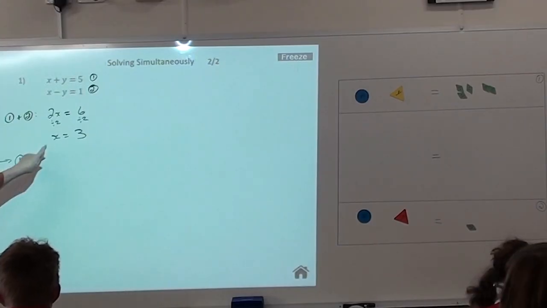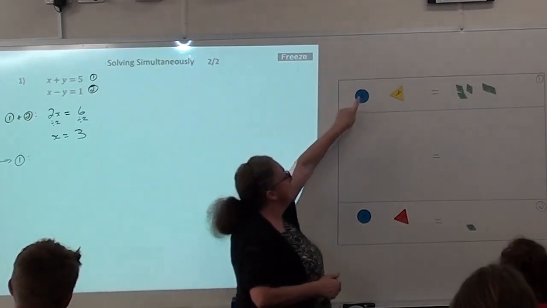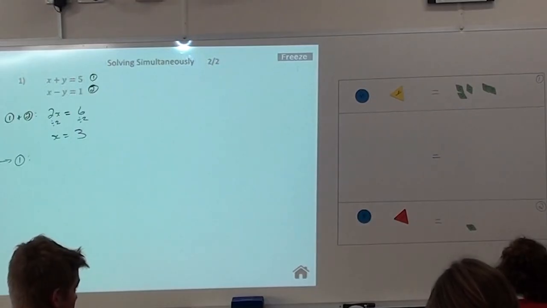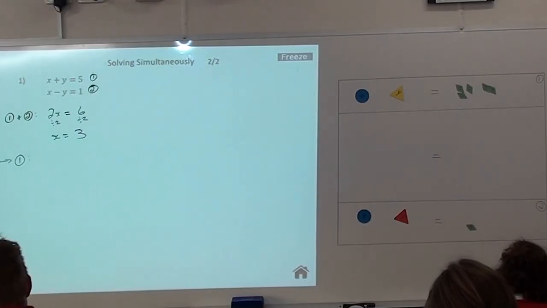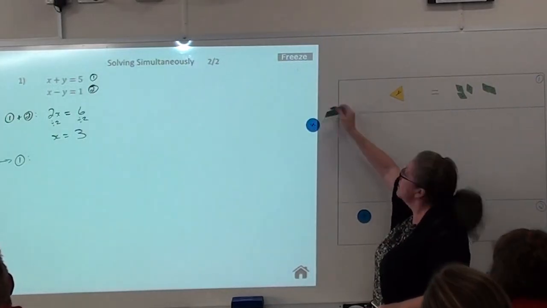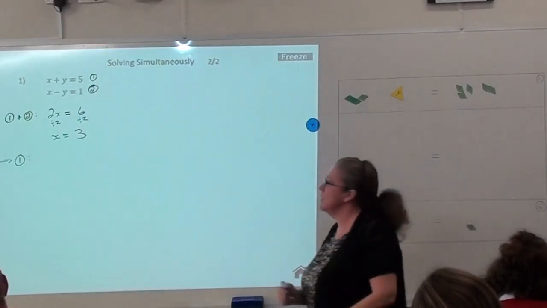I'm getting my answer and substituting it into equation 1, which means I'm replacing x with 3. Right, my evidence so far tells me that x equals 3, so I'm substituting 3 for x. Okay?